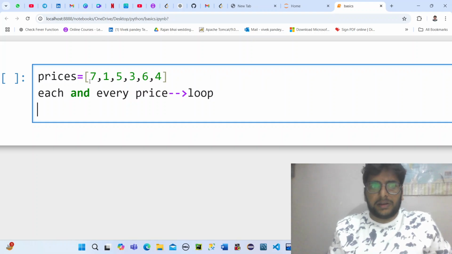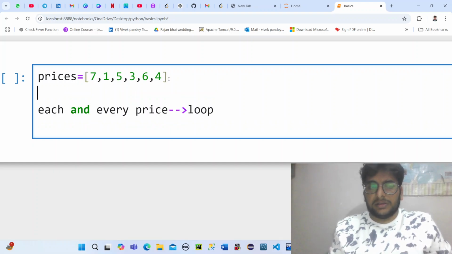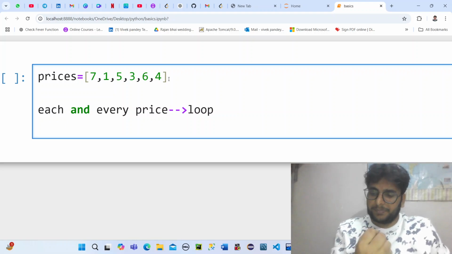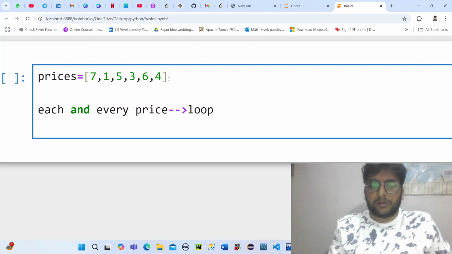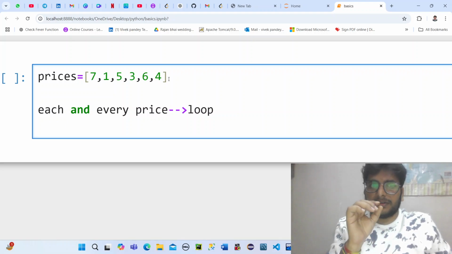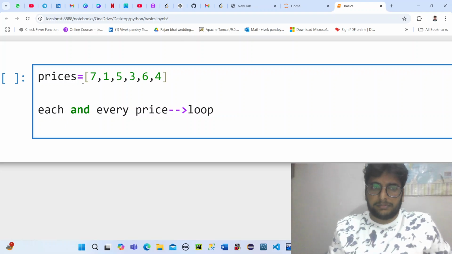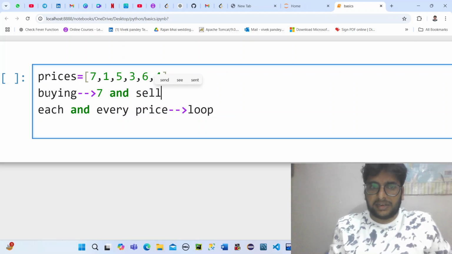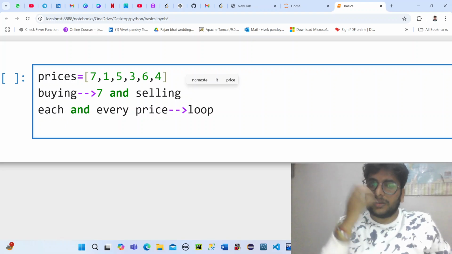Now I will take one element here. We need to think about how to get a profit. In order to get the profit I need to know the minimum cost. For example, I'm purchasing, meaning buying, at 7 rupees, and I cannot sell on that day itself.